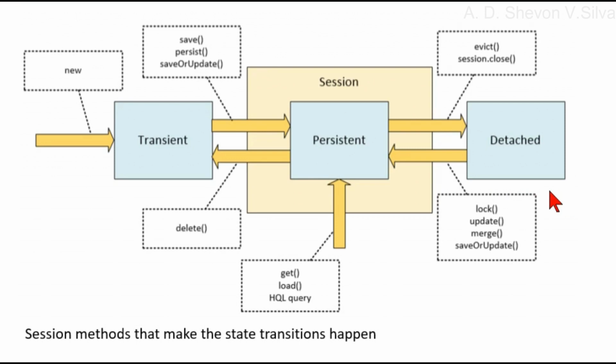This means that when we change the fields of a persistent object, we don't have to call save, update or any of those methods to get these changes to the database. All we need to do is commit the transaction, flush the transaction or close the session.